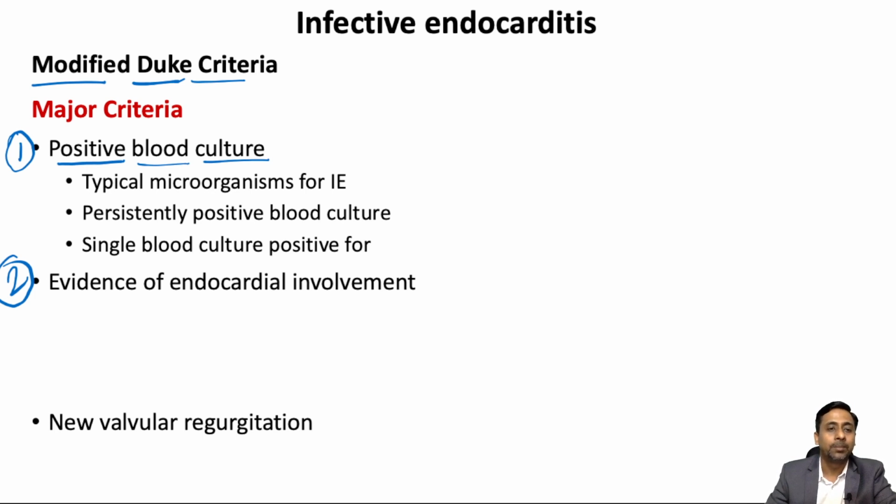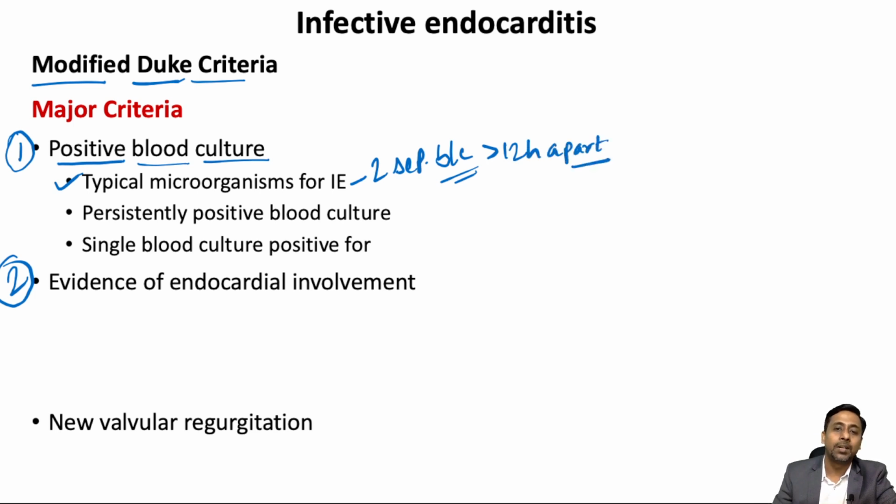Okay, so this positive blood culture, how do we define whether a blood culture is positive or not? First of all, it should show growth of a typical microorganism causing infective endocarditis, and it should be shown in at least two separate blood cultures drawn more than 12 hours apart.